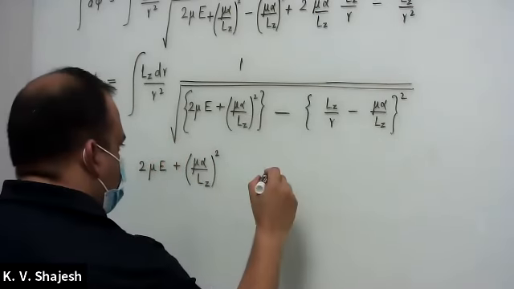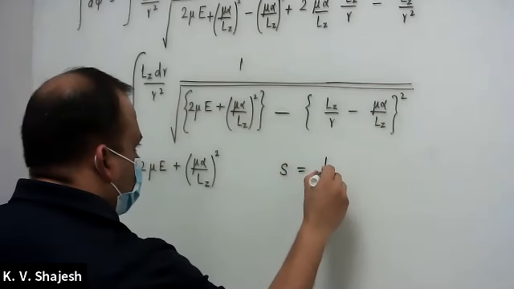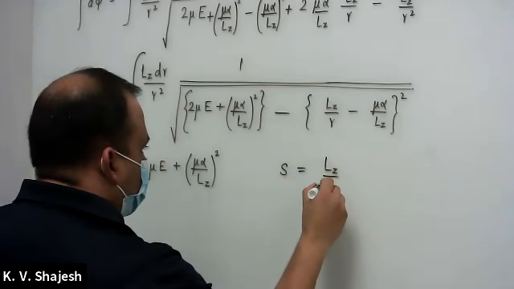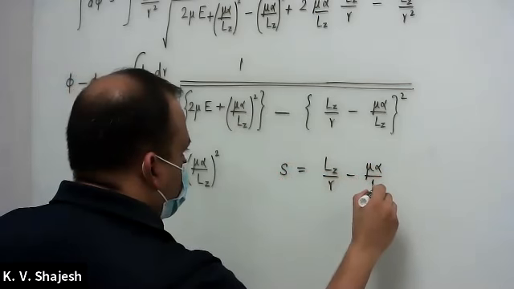And here, now, this is a substitution for doing the integral. So let me substitute s equal to Lz over r minus mu alpha over Lz.